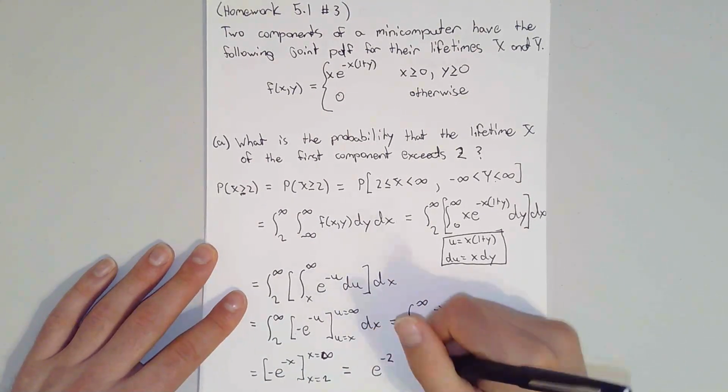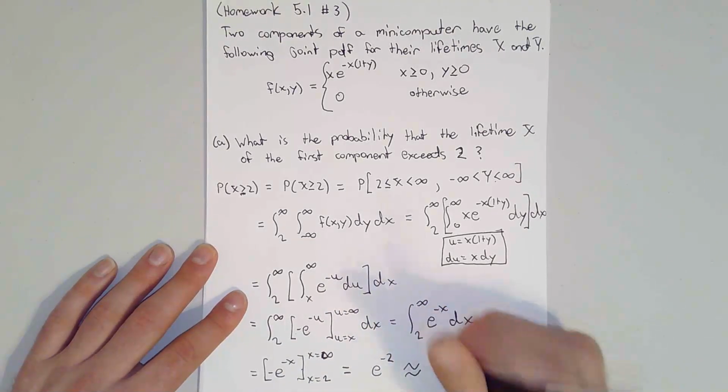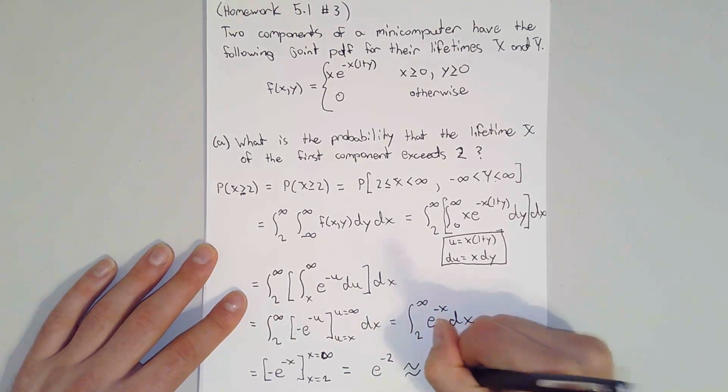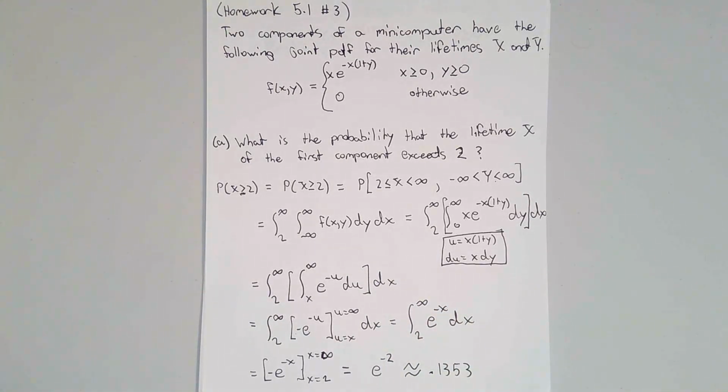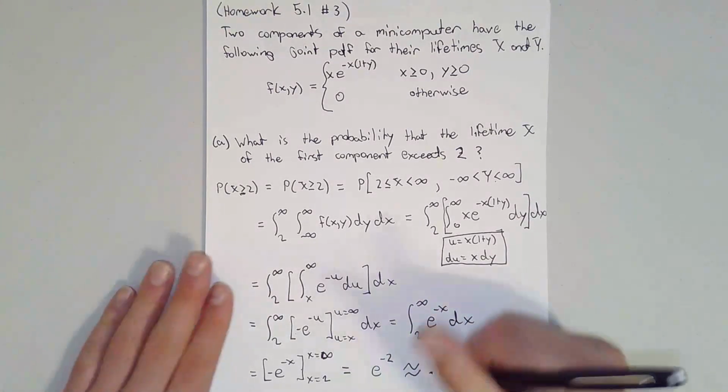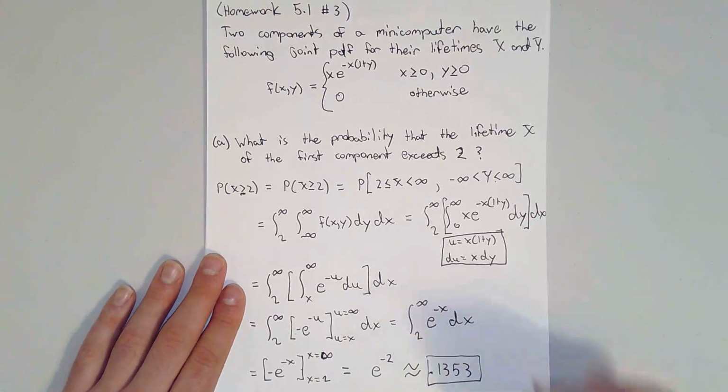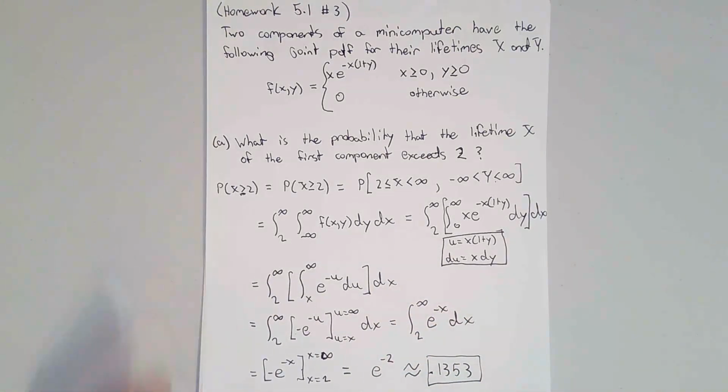That is approximately 0.1353 using a calculator or computer system. So this answers us up to 4 decimal places. WebAssign, I believe, only needs 3, but going to 4 places is better safe than sorry.